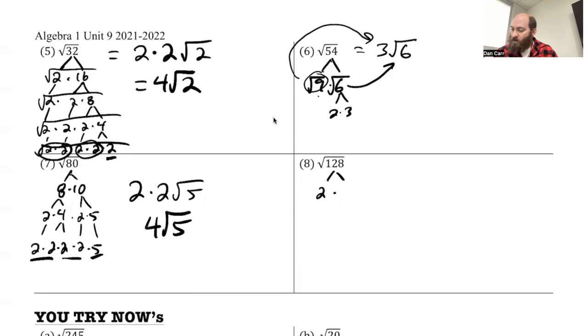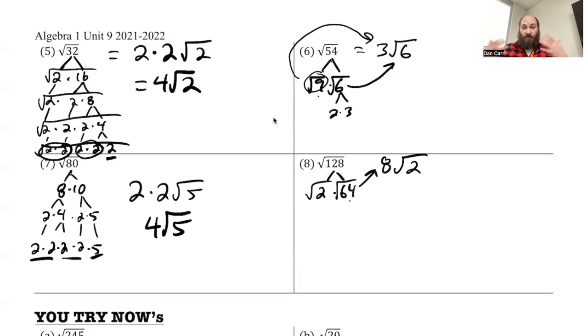Sorry, 2 times 60 is 120. That'll be 64. I don't know what's going on with that one. All right, 2 times 64. Hey, actually, I lucked out. 64 is a perfect square. If I take the square root of 64, that's 8. Okay, so the square root of 64 is going to turn into an 8. This is still radical 2, so that stays square root of 2.